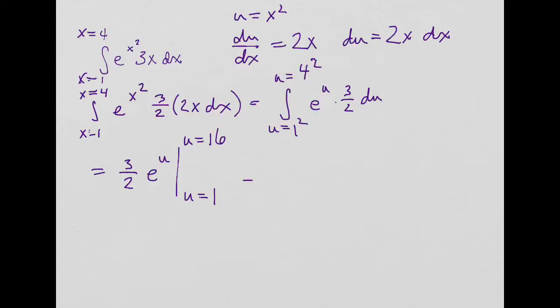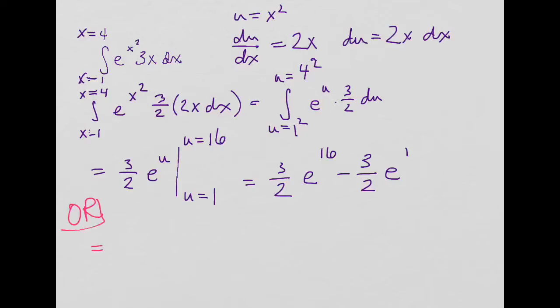So this is 3/2 e to the 16 minus 3/2 e to the 1. As far as an answer goes, you could either find out what this is approximately, or we can leave it as is, as an exact answer, because this is an exact answer.